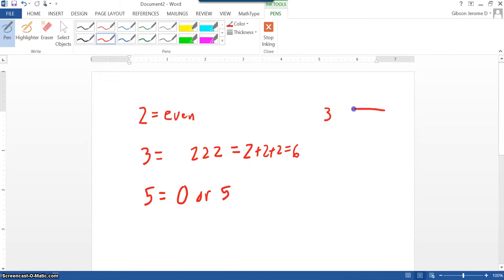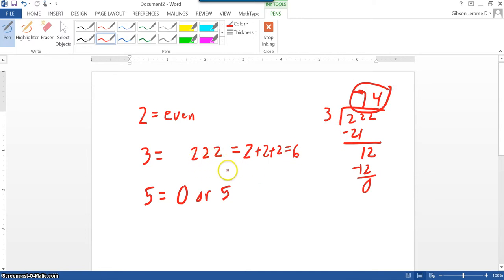Now let me prove this to you. 3 goes into 22 7 times. 7 times 3 is 21. And 3 goes into 12 4 times. 4 times 3 is 12. So as you see here, 3 goes into 222 74 times. So 3 actually goes into this number.